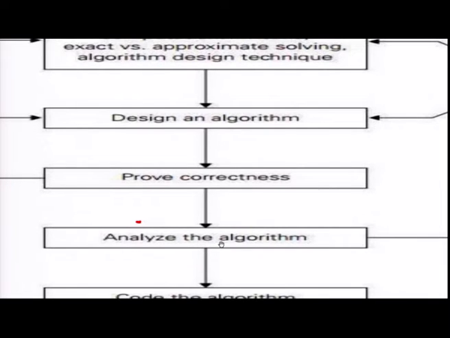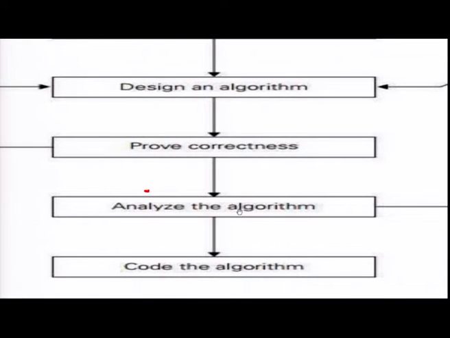Here only you check the effectiveness and efficiency of the algorithm. So analysis of algorithm is done in this phase. Then if the analysis is correct, you do the coding part of the algorithm.